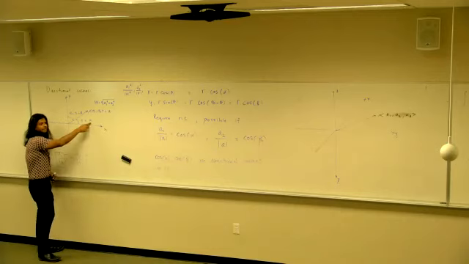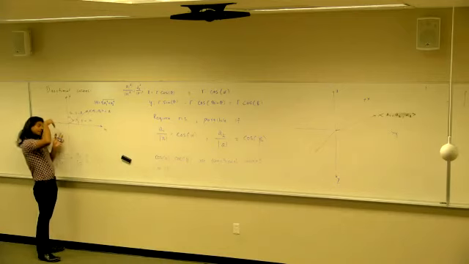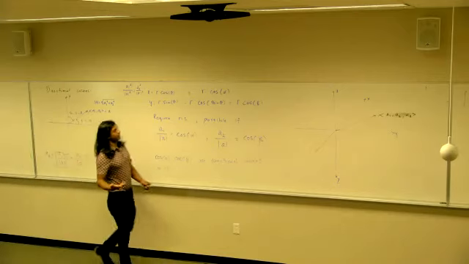We got alpha in reference to the x-axis. We converted sine to cosine by looking at the reference axis. Instead of looking at it this way, you're looking at it that way. Doesn't connect.